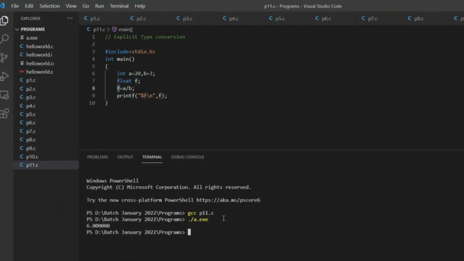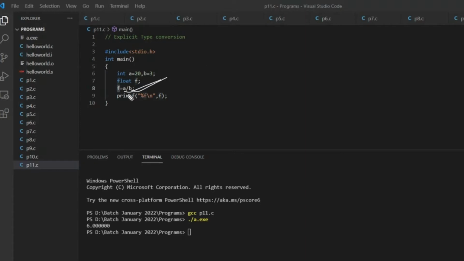Here my output is 6, but I want it in the form of float, 6.66. How? Whenever I do a divided by b, a is an integer and b is also an integer.